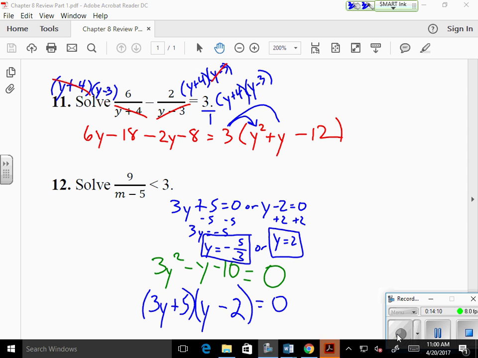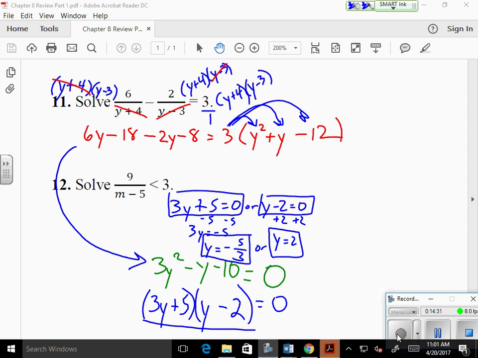You distribute 3, and then you set it all equal to 0, and you end up back to this point right here, which you would then factor, and then set each factor equal to 0, and solve for the y value that makes that factor 0.